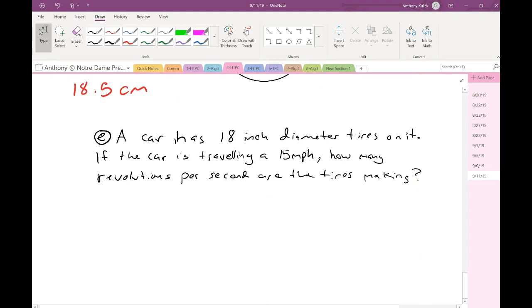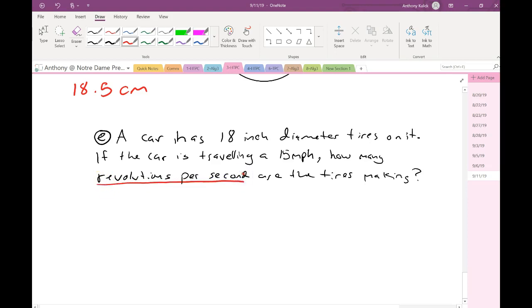So say a car has 18-inch diameter tires on it, and it's traveling at 15 miles per hour. And we're asked how many revolutions per second are the tires making? So we're asked for the revolutions per second.